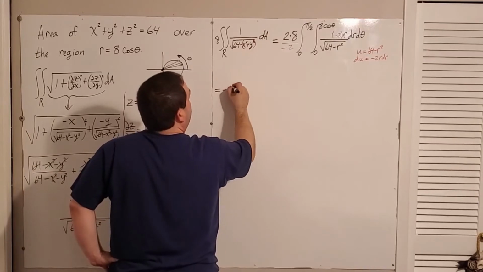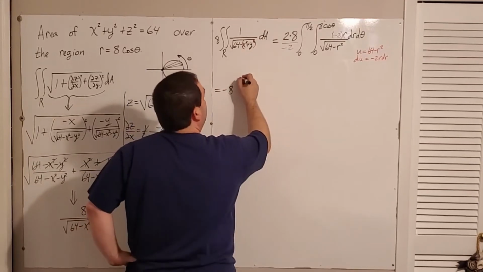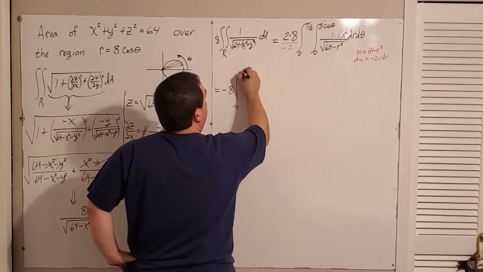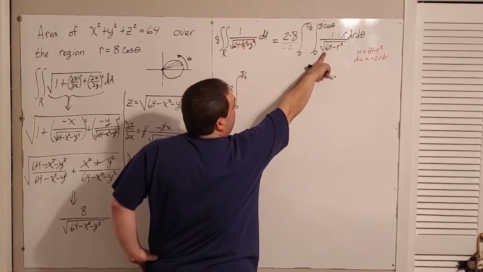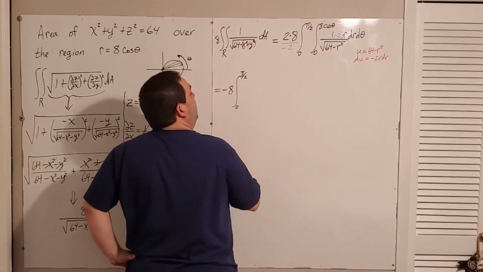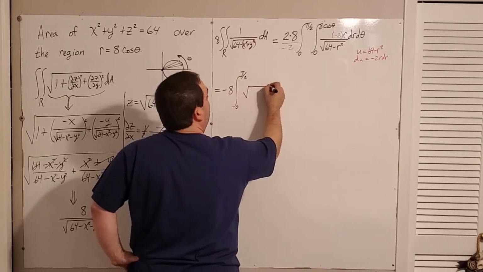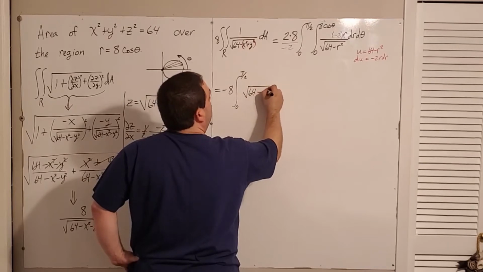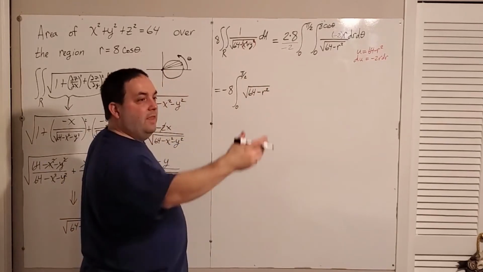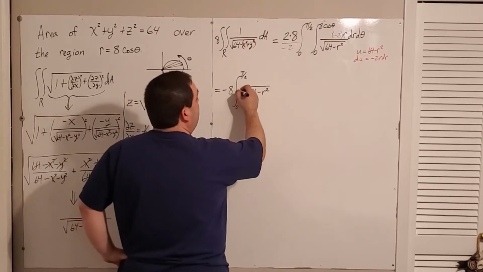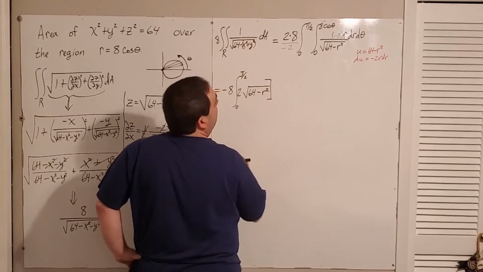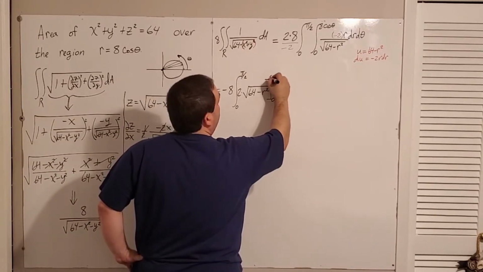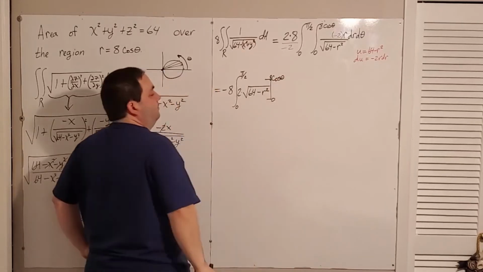Altogether, I've got a negative 8 on the outside here, integral from 0 to pi over 2, and then my antiderivative of a negative 1/2 power, remember, because it's in the denominator, that's what this is going to be a positive 1/2 power, like so. And then I have to divide by the 1/2, so that's going to give me a times 2. And then I want to evaluate that from 0 to 8 cosine theta.